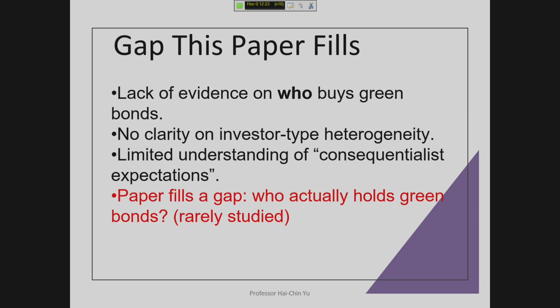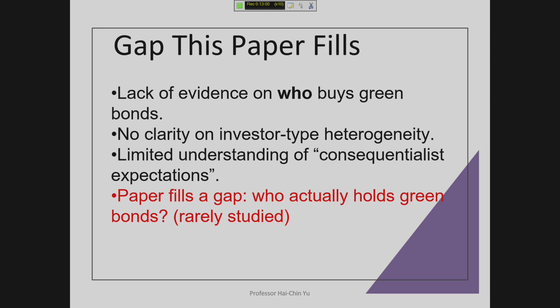It's very related. So the paper fills the gap, because most papers examining green bonds focus on the pricing model, but this paper doesn't do that. They focus on who actually holds green bonds, and this issue was rarely studied in the literature. So this is a very good dimension through which we can learn much more about the buyers of green bonds.